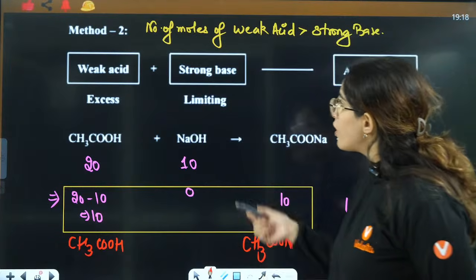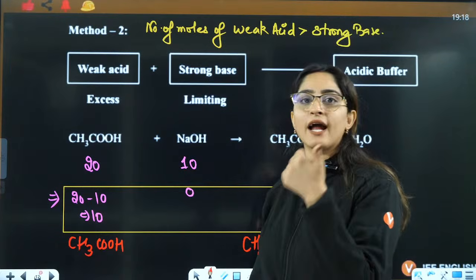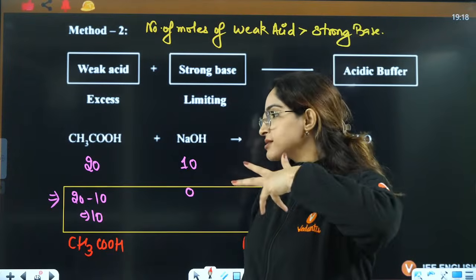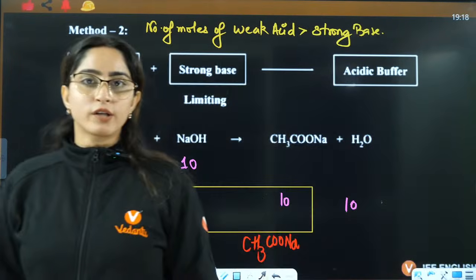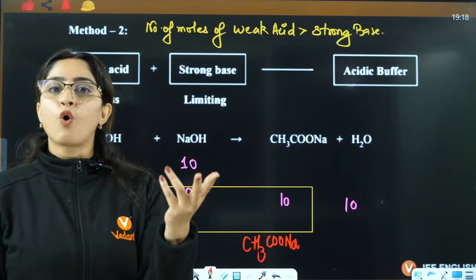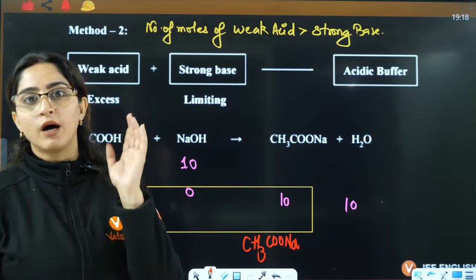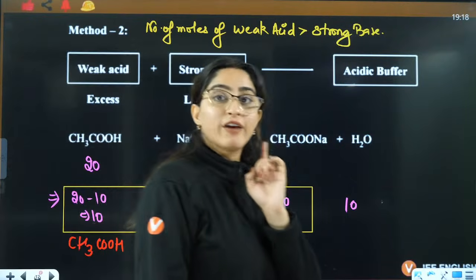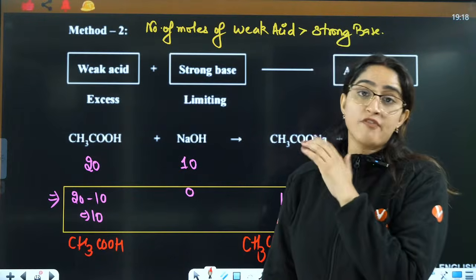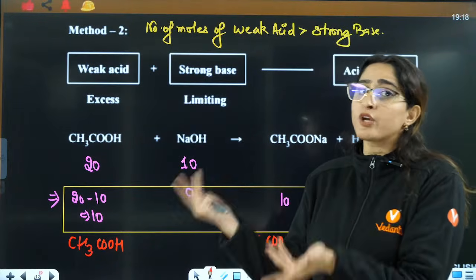What they had given you was weak acid and strong base, which students usually quickly take as a question of salt hydrolysis and put that formula. But in reality, you have to verify the number of moles; if this is the condition, then it is going to be a buffer.